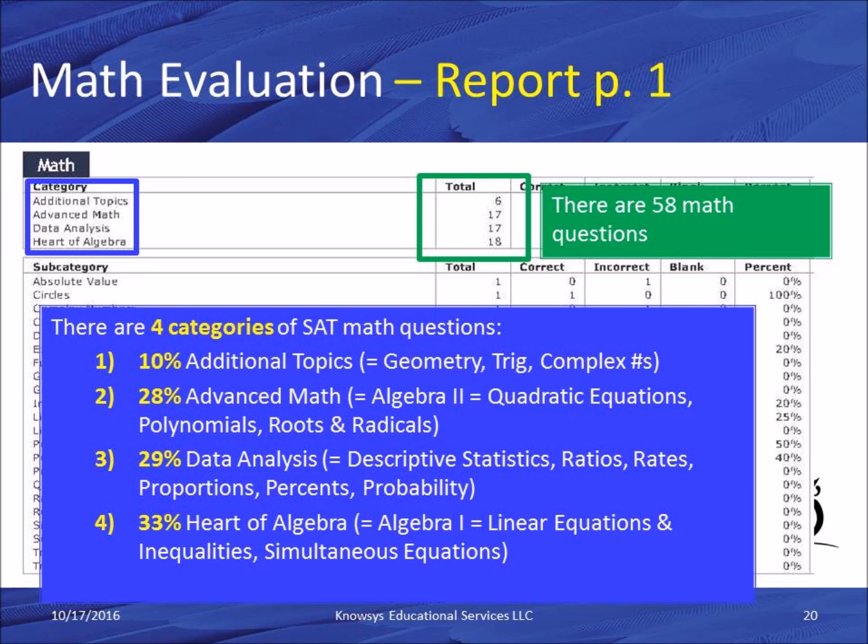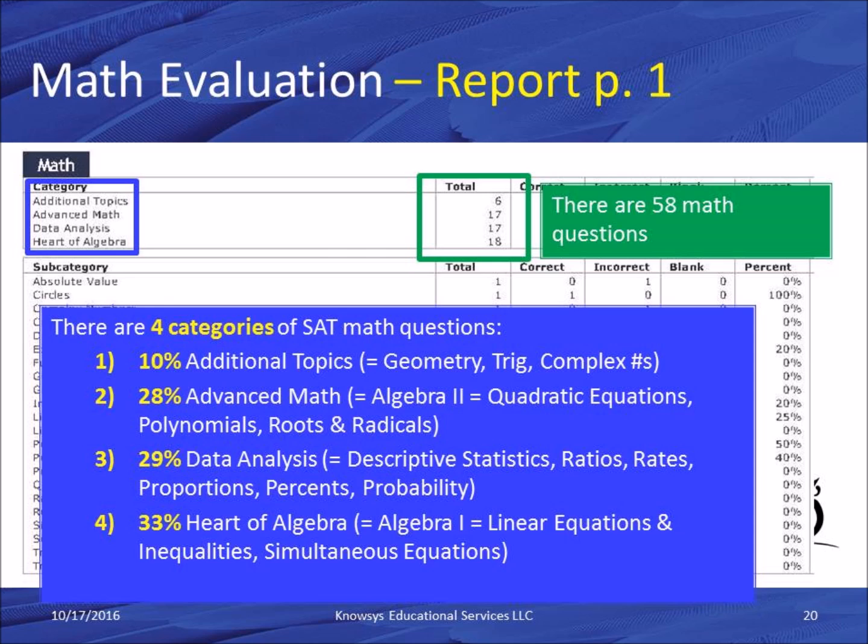There are 4 math categories on every SAT exam, and they're basically split up this way, although there might be some variability. Basically, 10% is additional topics, so geometry, trig, complex numbers, unit circle, that kind of thing. So 6 questions, 5 questions will be in that category. 28% advanced math. That's your algebra 2, so it's quadratic equations, polynomials, roots and radicals.